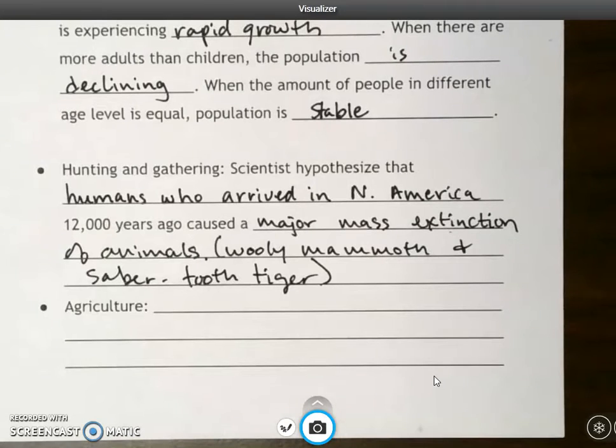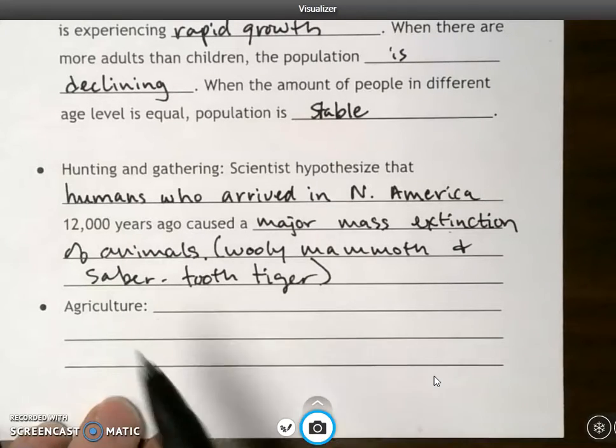Another factor that affected human population was the invention of agriculture. This allowed people to stay put in one place and farm their food. So they didn't have to travel in small groups. They were able to build long-lasting shelters and were able to stay in one place. So, agriculture.